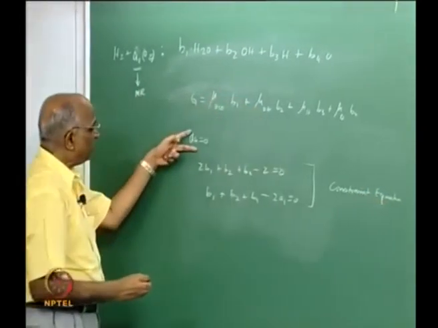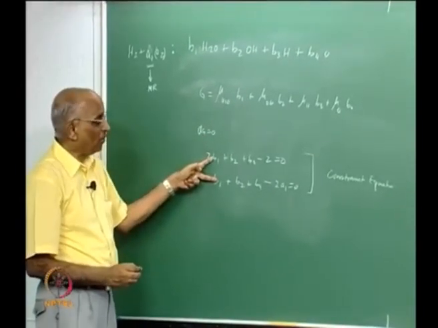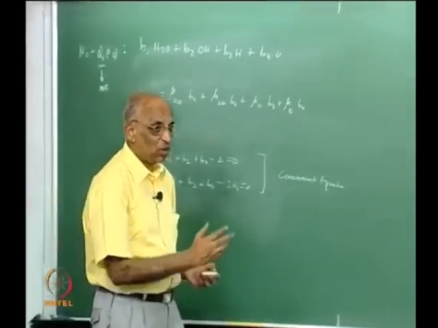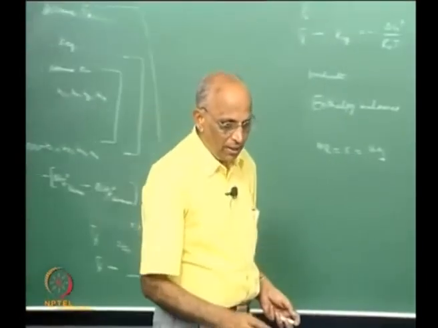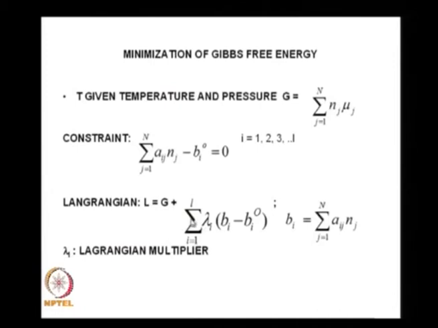Even though I have to minimize the value of Gibbs free energy, dG equal to 0, this must also be obeyed, and therefore we use the method of Lagrangian multipliers, which is what I show here. I define a Lagrangian L equal to G plus the summation, I equals 1 to 2, because I have two species. Bi is the stoichiometric coefficient, B1 into H2O plus B2 into OH and so on.